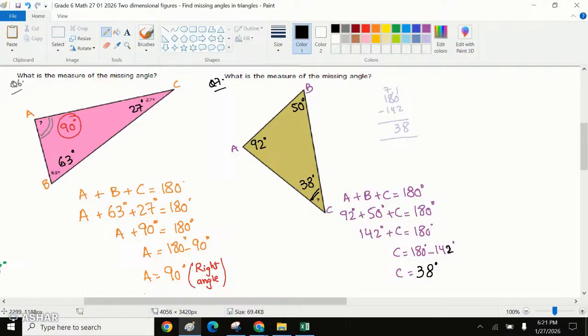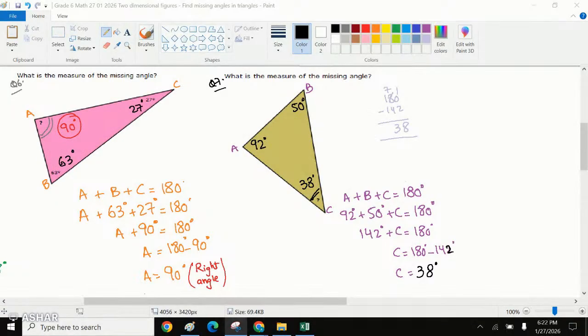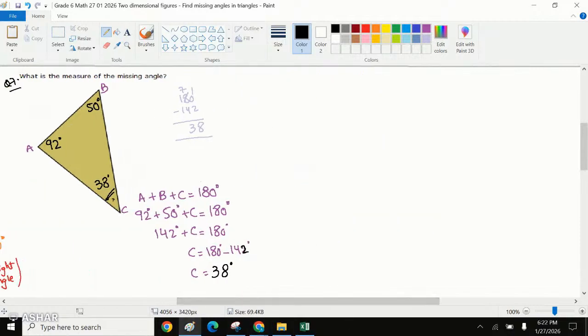So let's look at the next question. Okay, the next question we have says, what is the measure of the missing angle such that the given two angles are, these would be the given two angles. Just a moment.